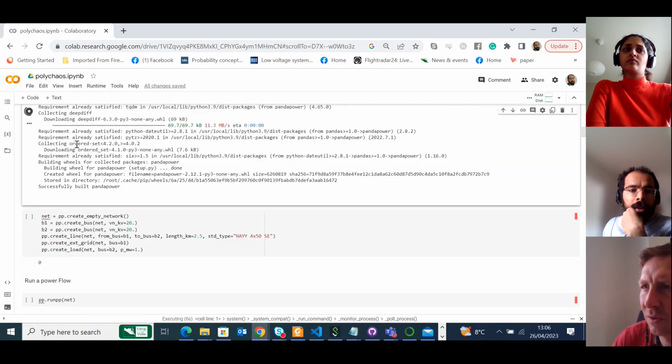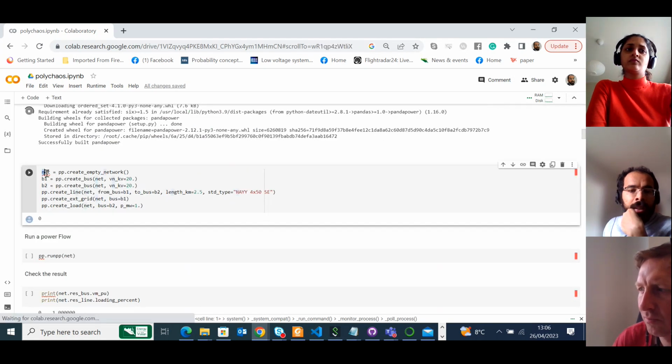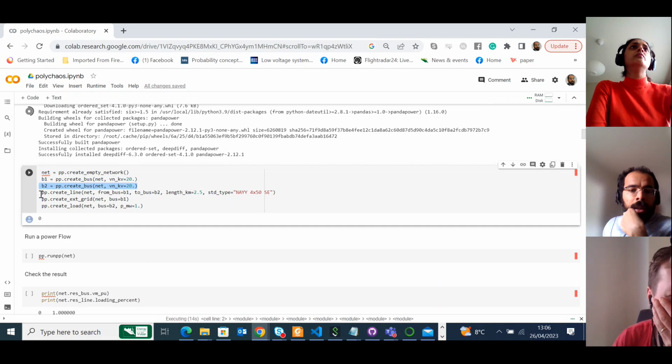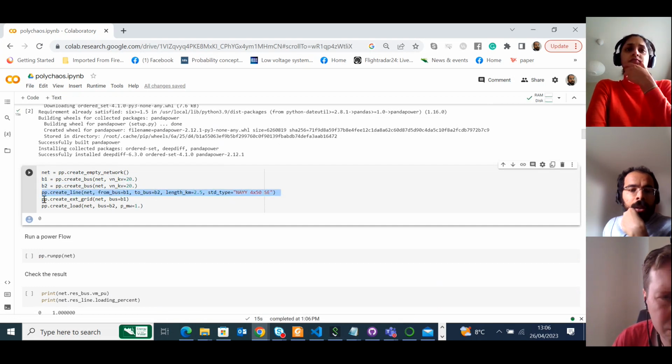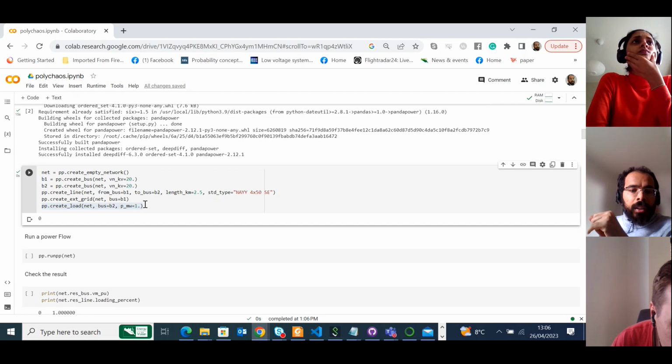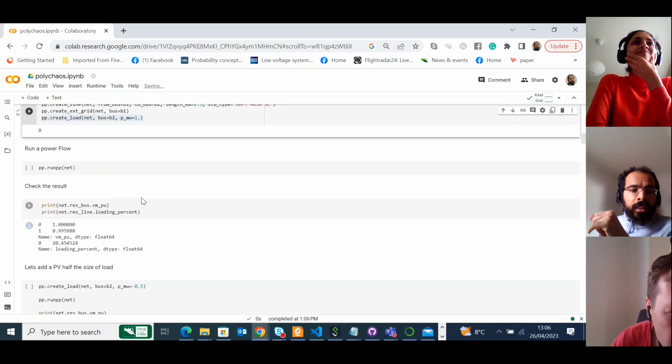Once it is installed, we create an empty network, add bus 1 and bus 2, then create a line between them, create an external grid which is the source, and add a load. So this is a simple power flow. We run it, and it's executed.